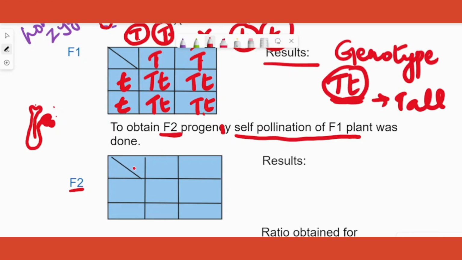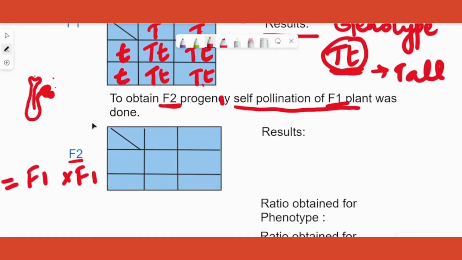Alright. So how do we make gametes before crossing? We know that F2 is equal to F1 crossed with F1, isn't it? F2 is equal to F1 crossed with F1. What is the genotype of F1? It looks like this, and you're crossing it with this.